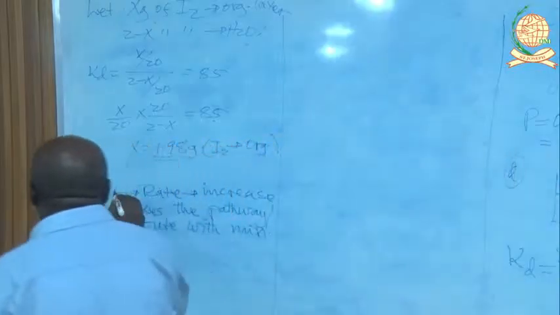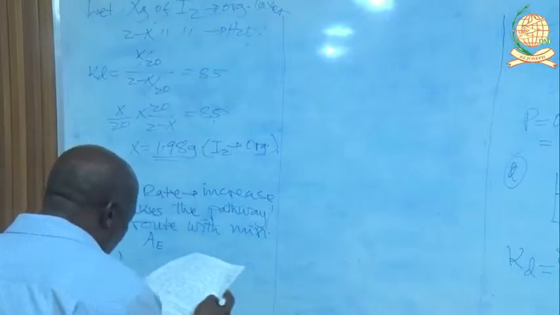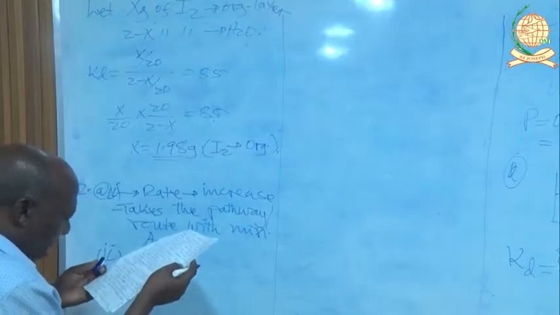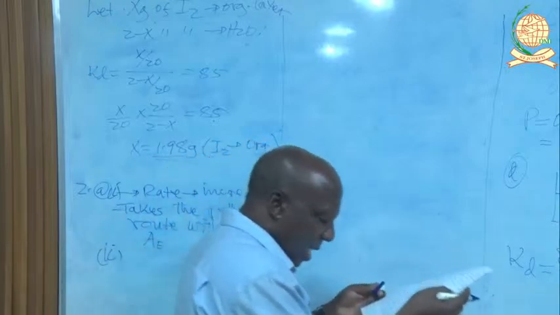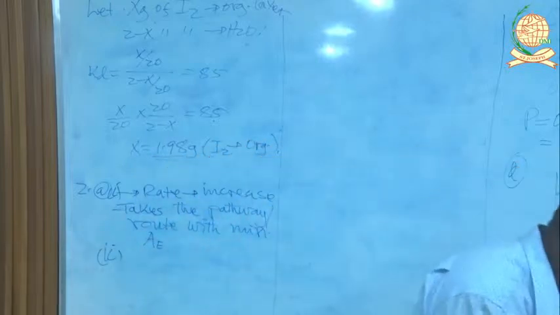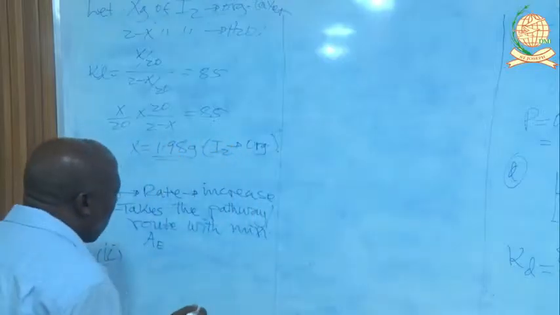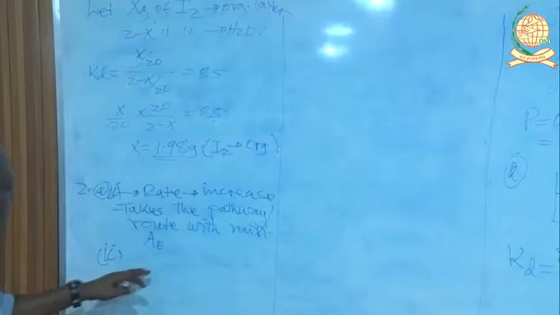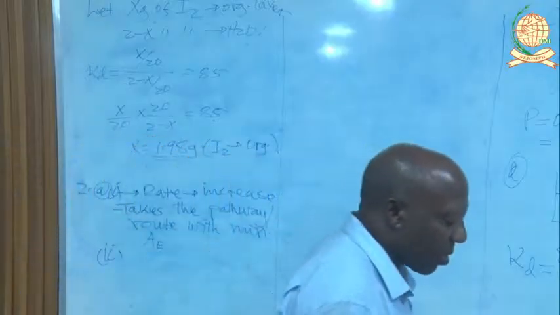Now Roman 2 says, will a given reaction have the same rate law for both a catalyzed and an uncatalyzed reaction? No, it is not true, because once a catalyst is added, the chemical reaction will create a new mechanism, and each mechanism has its own rate law. So the rate law will be different.